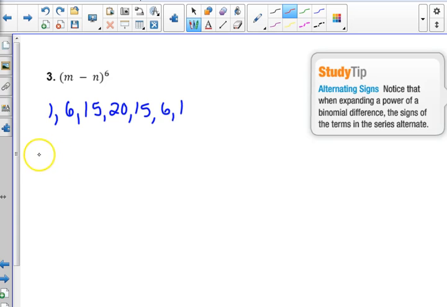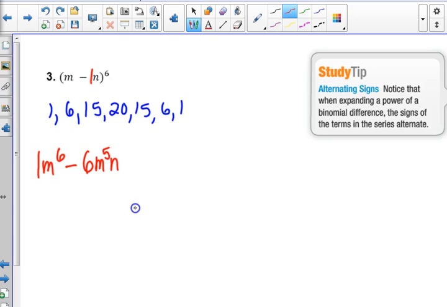This is going to go 1m to the 6th, yes? Now, then it's going to have a 6, and it's going to have an m to the 5th, but it's also going to have a what? A negative 1n, which is going to make this negative 6m^5n.